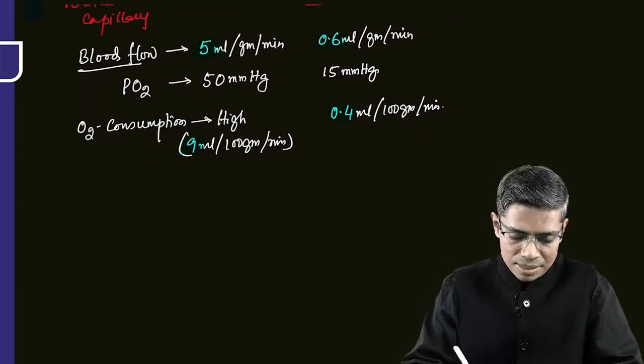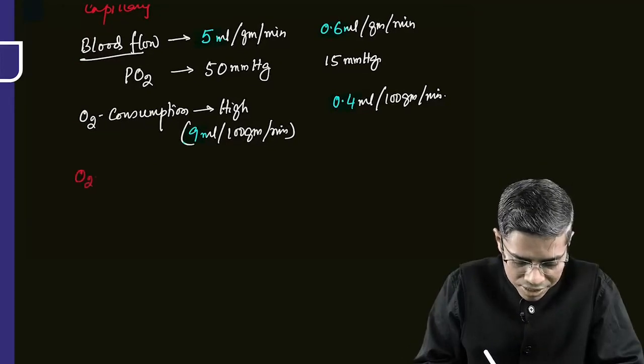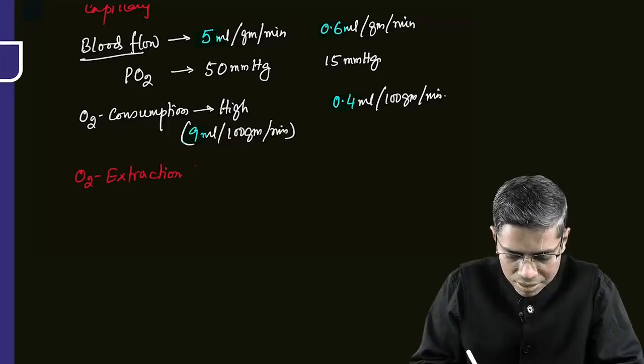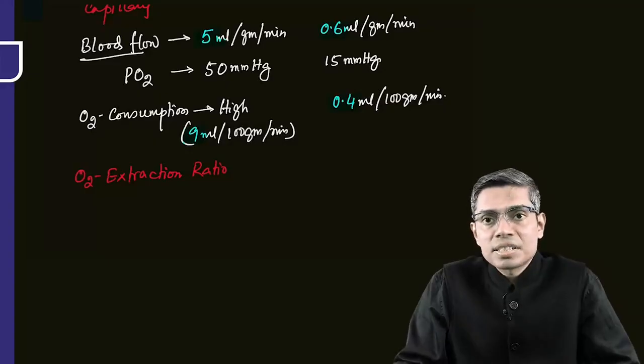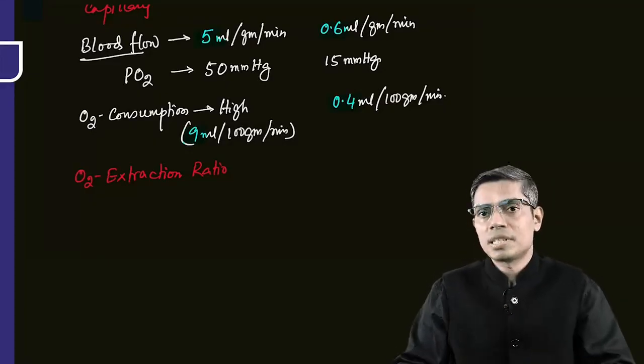Now the last difference that I am going to write here is the oxygen extraction ratio. So what is oxygen extraction ratio? You are extracting oxygen from a particular amount of supply.